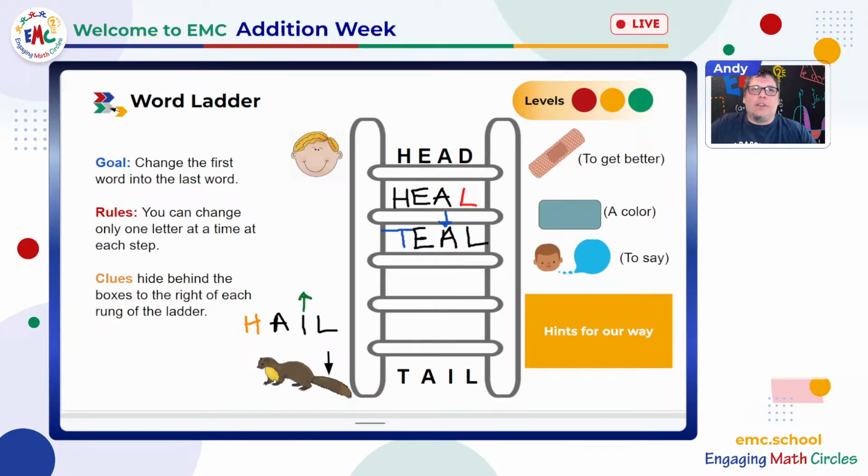You know, I'm going to go blank on my brother because he was a meanie. That's right, tell. Changing the A into an L gets us tell.